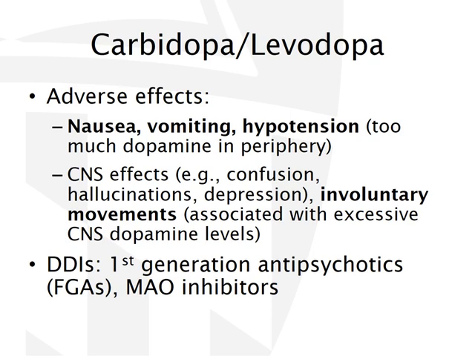The MAOIs are also drugs that potentially will interact, and it could be a serious interaction. We talked about the risk for hypertensive crisis with patients who are on MAOIs, and that risk can be heightened if the patient is also taking levodopa.